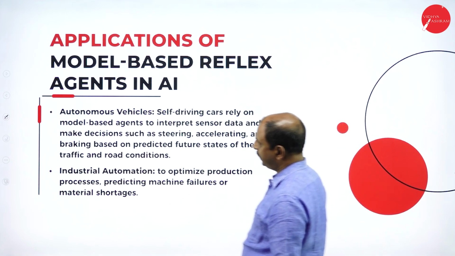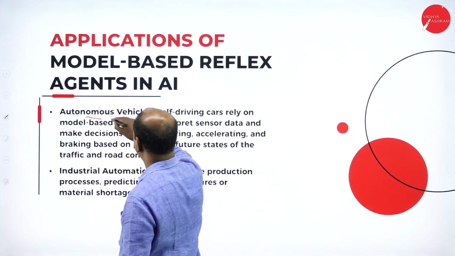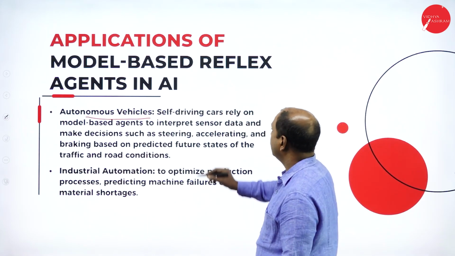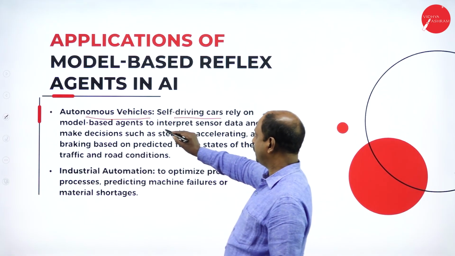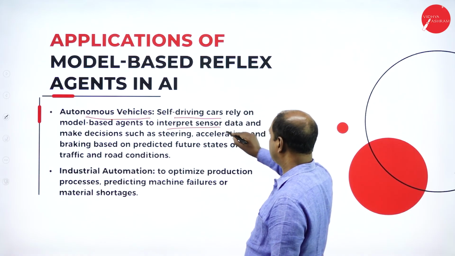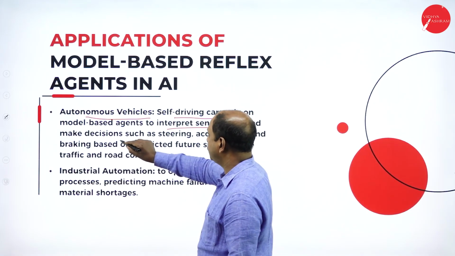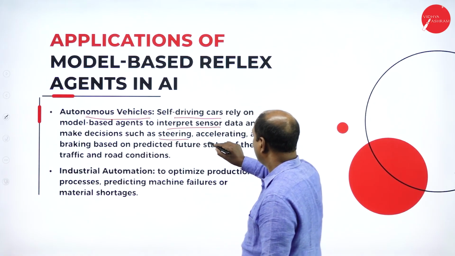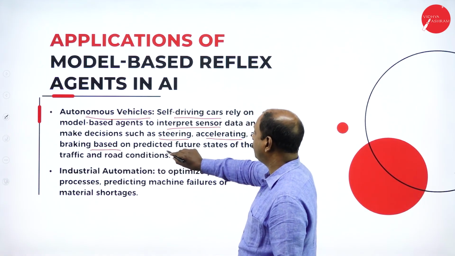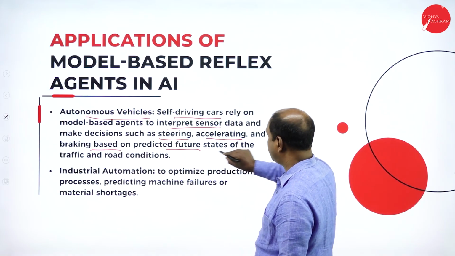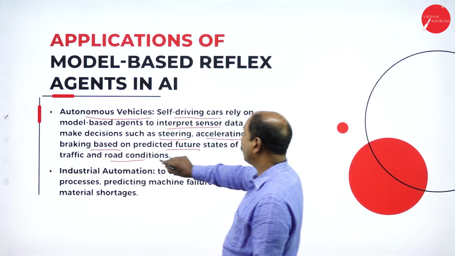Another example is autonomous vehicles. What are autonomous vehicles? Self-driving cars rely on model-based agents to interpret sensor data and make decisions such as steering, accelerating, and braking based on predicted future states of the traffic and road conditions.